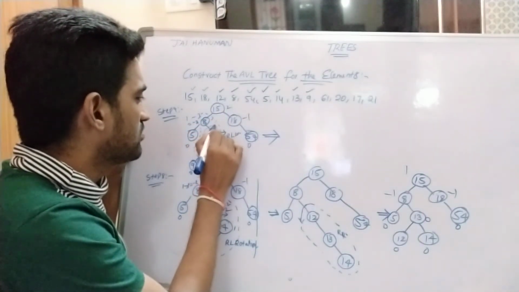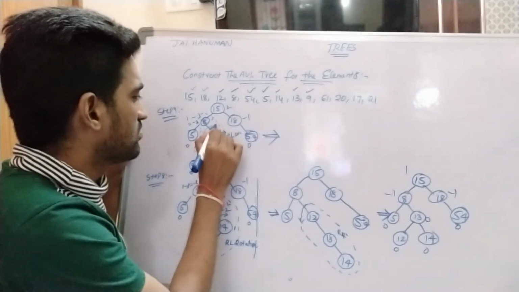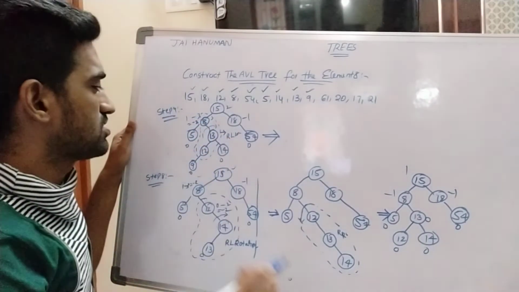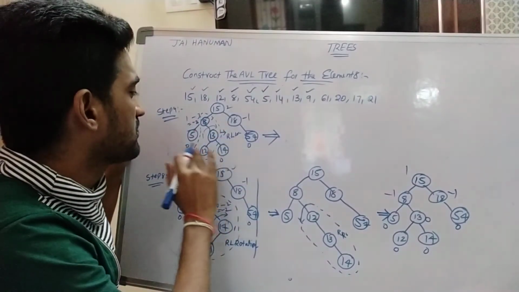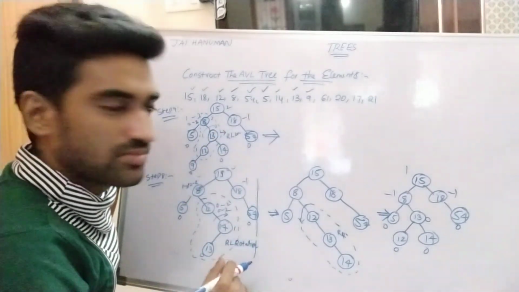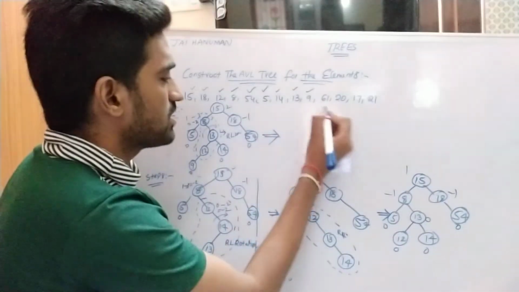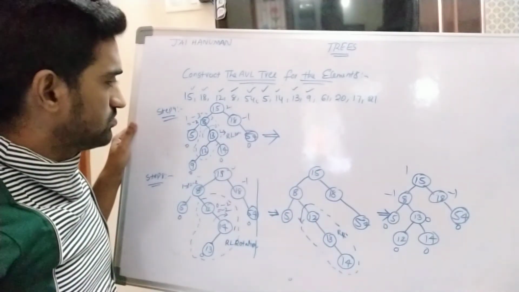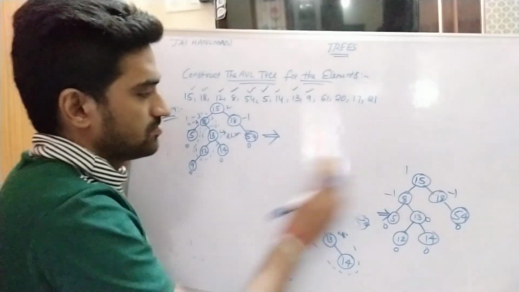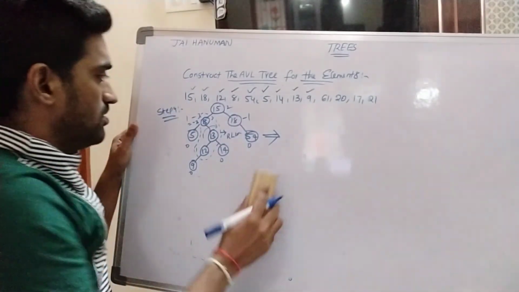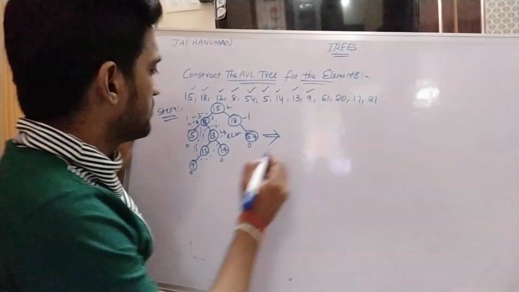We move in the right direction. Then we apply RR rotation, right? So here now the tree becomes like this. So here RL rotation is applied.